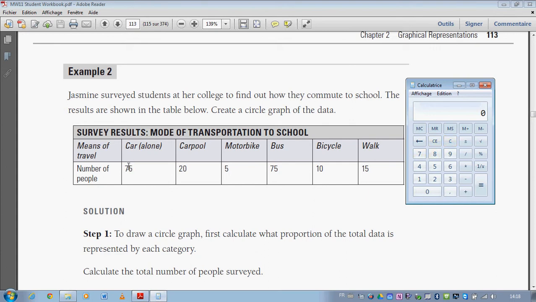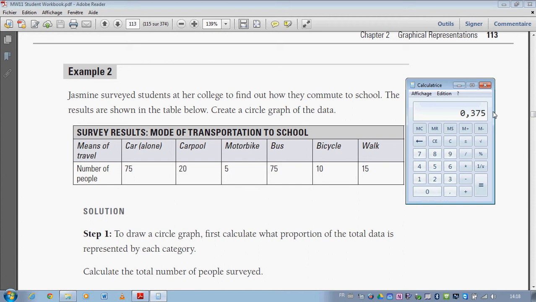So, for example, 75 people. We'd figured that to be 37.5%, right? So otherwise 0.375 as a decimal, okay? So 75 people represents 37.5% of 200 people. Well, in order to put that on your graph, it also needs to represent 37.5% of 360 degrees, okay?